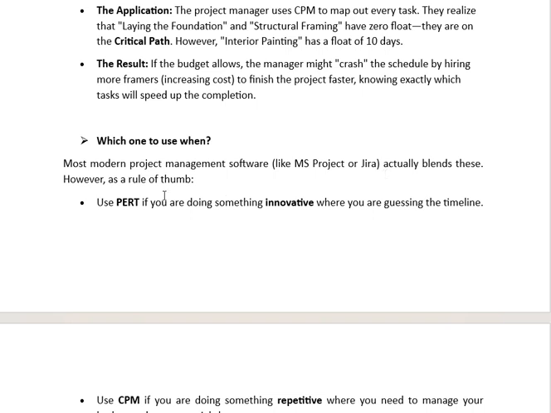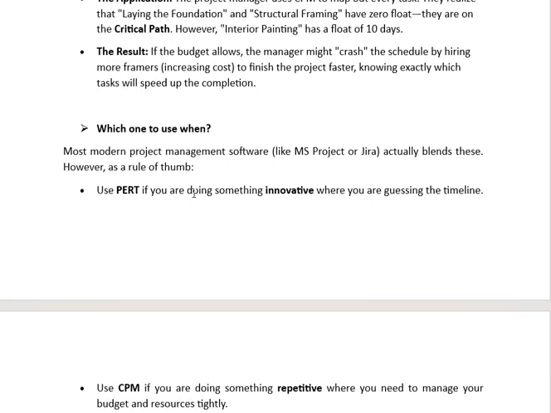However, as a rule of thumb, use PERT if you are doing something innovative where you are guessing the timeline. You are not aware of the deadline, you are doing something for the very first time. There is no historical data available to find the approximate deadline. There is an uncertainty. You can use PERT here.